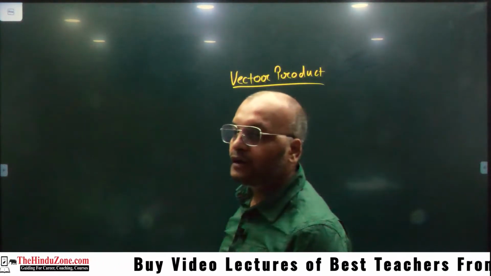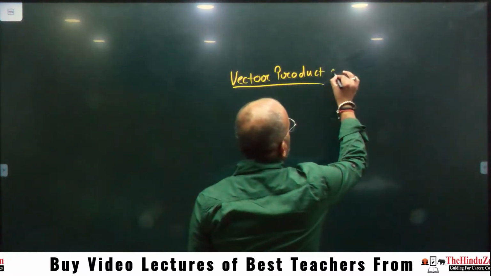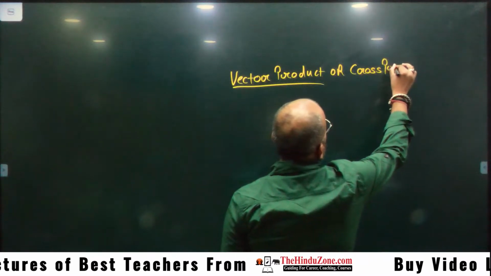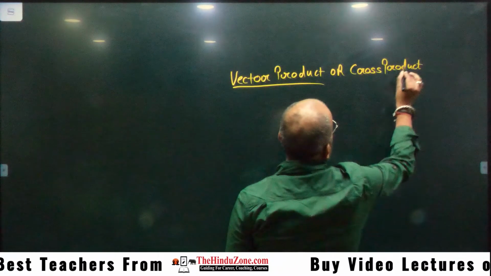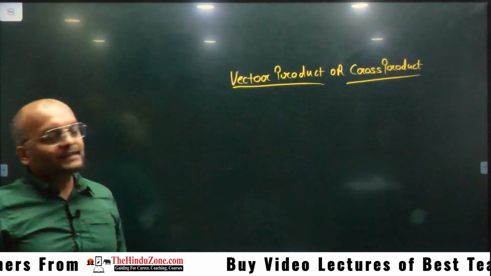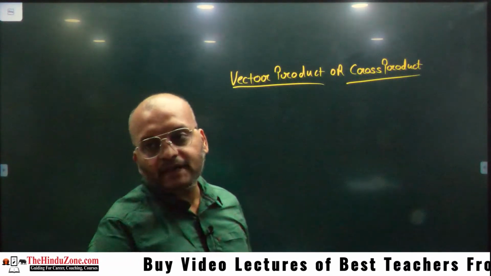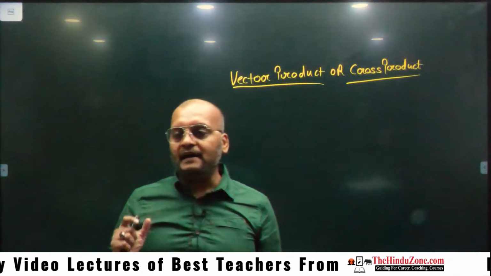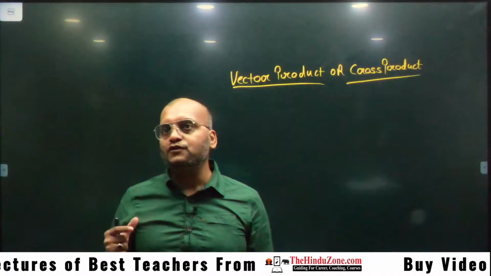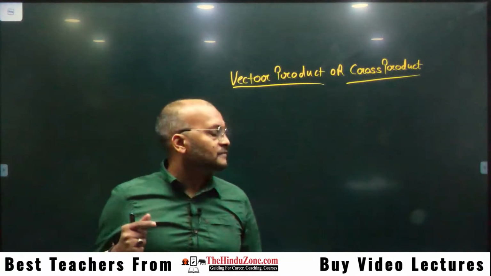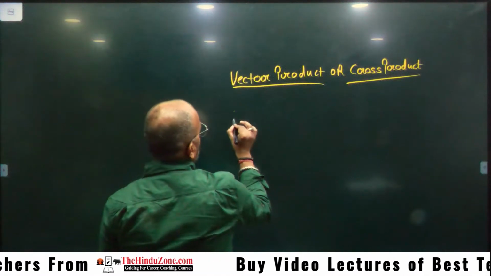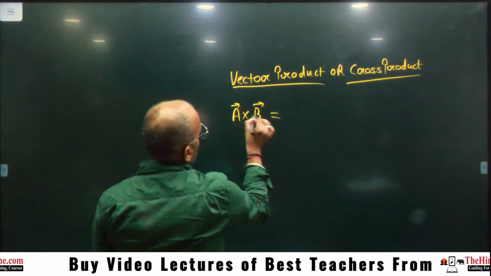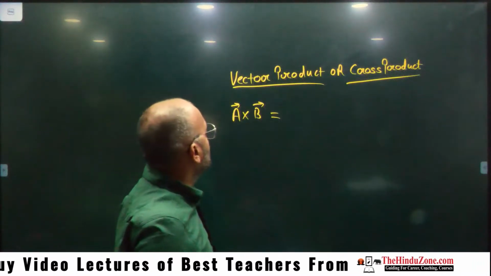Vector product or cross product. What do we mean by vector product or cross product? See, again we are going to multiply two vectors, okay? But this time our product will also be a vector. So, let's say we have got two vectors, vector A and vector B, and we are doing cross product of these two vectors. So what you will get?